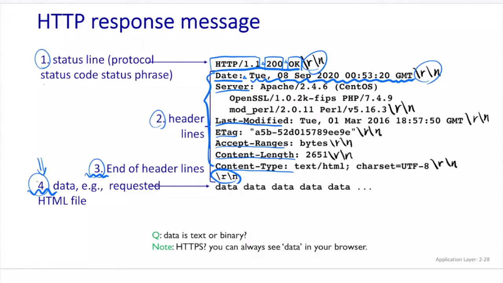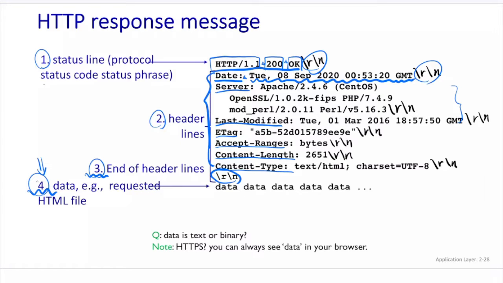For example, the value of server right here, as you can see, there are a lot of strings in this value. So you can add arbitrary variable-length values in that server header, right? As long as you have enough space, you can simply add whatever you want as the value of the server, as long as the end of the line is \r and \n.